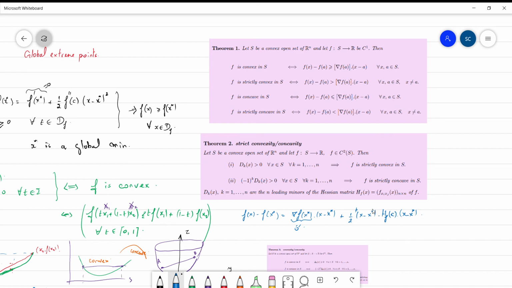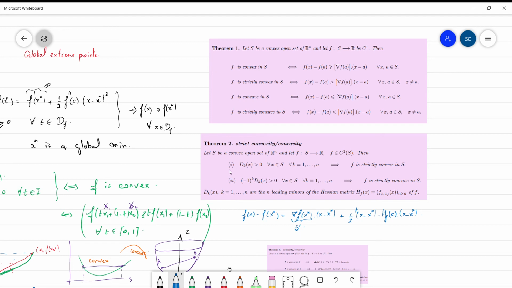We proved there is a connection with the definition of convexity. We compare the values of these particular quantities. We use Taylor's formula and we prove that it is related to the positivity of the Hessian. And now the strict positivity of the Hessian is expressed by this theorem.